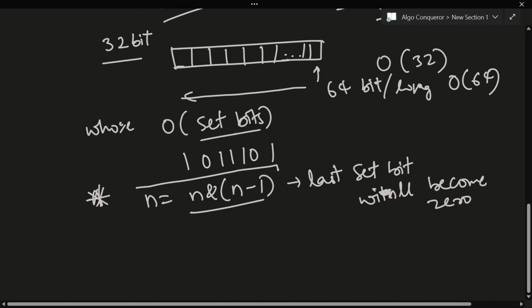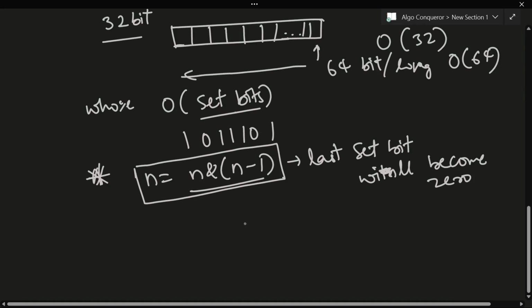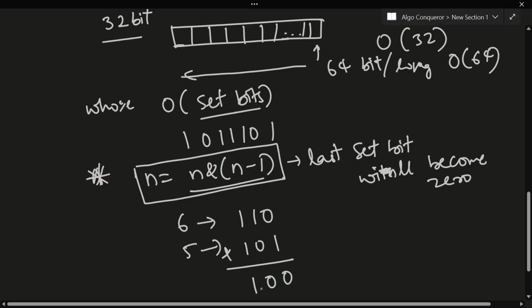If you do this operation on any number, then the last set bit will become 0. Let's take an example. Let's take 6. 6 binary representation is 1 1 0, and 6 minus 1, which is 5, its binary representation is 1 0 1. If you do an AND operation here, then what will be the result? 0 0 1. As you can see, the last set bit in 6 has become 0 in the result.